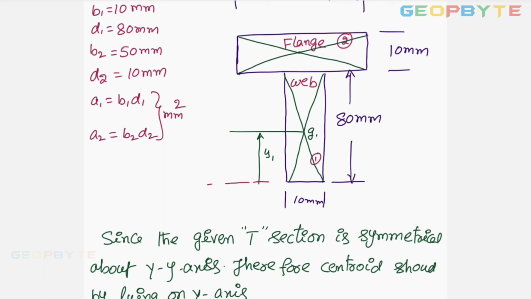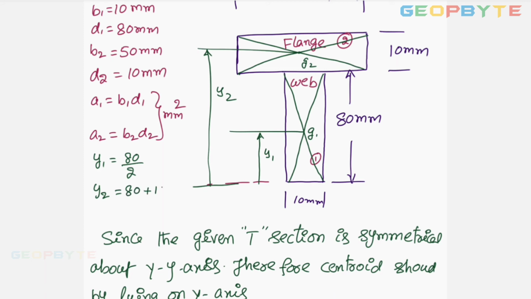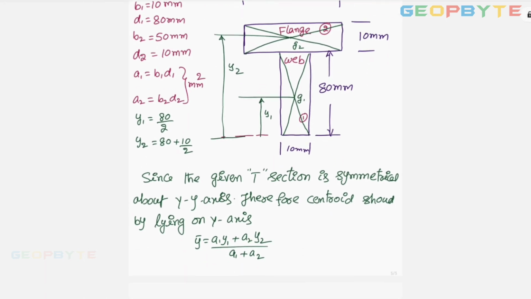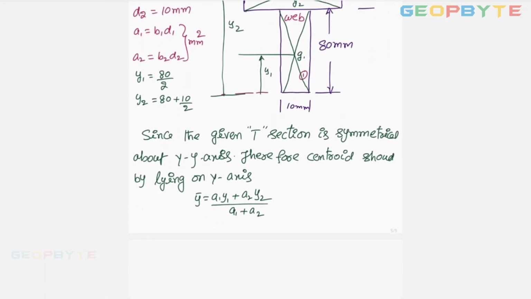Wherever the diagonals are meeting, that is the center of gravity, then this is the y2. Look at the y1. y1 equal to 80 by 2. y2 equal to 80 plus 10 by 2. Then you substitute all values for getting the y bar. It is in mm.